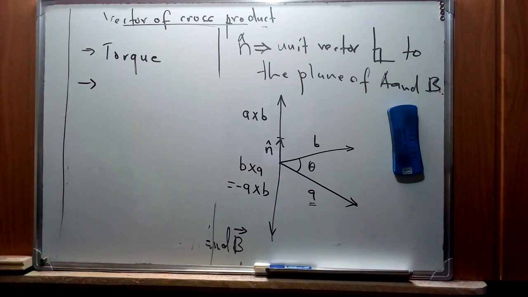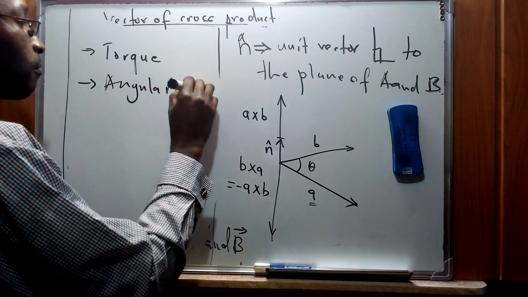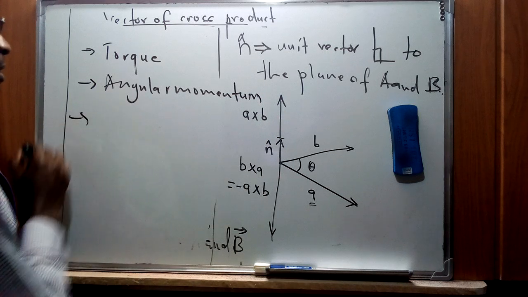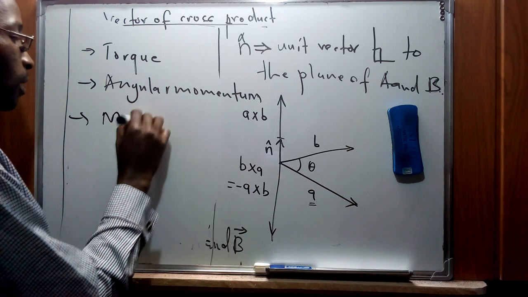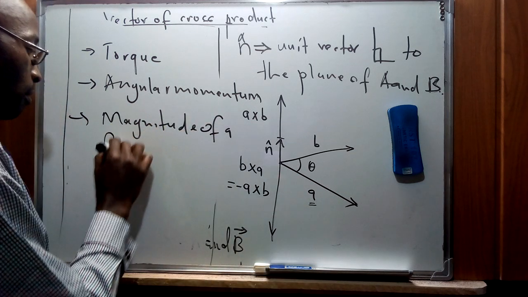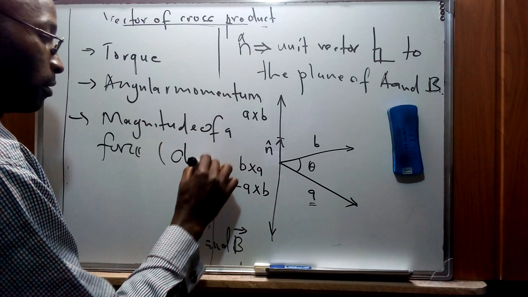And then we are going to see it being applied in trying to find the angular momentum in circular motion, and then in finding the magnitude of a force, and perhaps in the concept of charged particles.